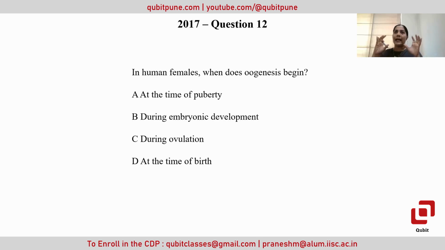At that time the number of eggs is already decided for the female fetus to be born. After the birth, no egg reservoir will be increased. It is already decided at the embryonic stage itself. So oogenesis begins during the embryonic development itself.